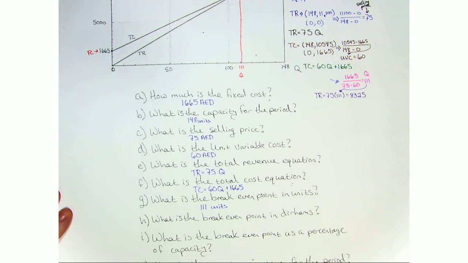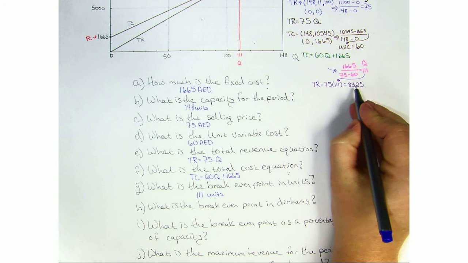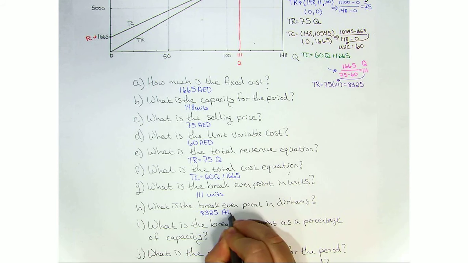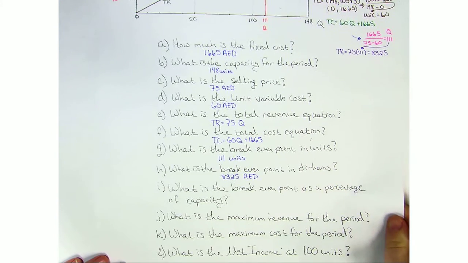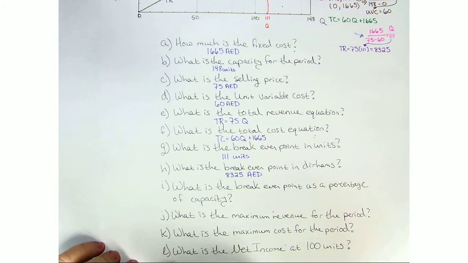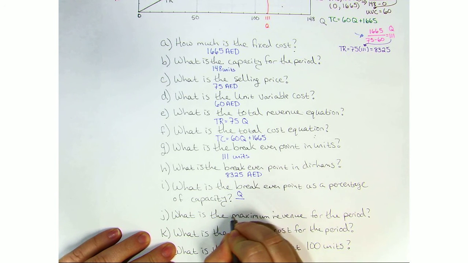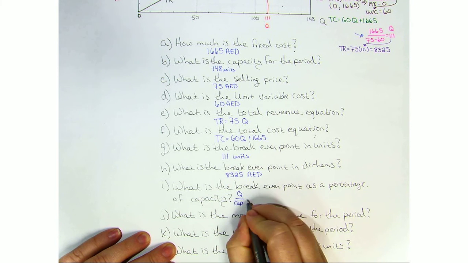Okay, we'll move this up even more. What is the break-even point in dirhams? When we plugged it back into the total revenue equation, we got 8325 dirhams. Now, what is the break-even point as a percentage of capacity? This is where we actually do have to do some math. You have to put the quantity we found over the maximum quantity, or the capacity.